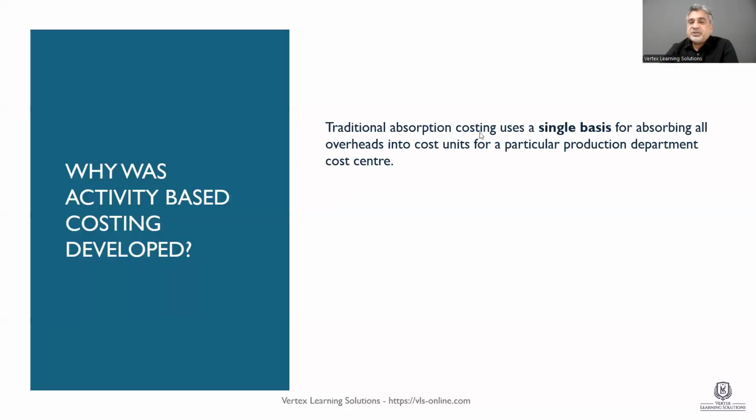We say that the traditional absorption costing method uses a single basis for absorbing all overheads. If you remember, when we say absorption costing method, we had one OAR, overhead absorption rate, and based on that OAR we absorbed the overheads into the cost of production.